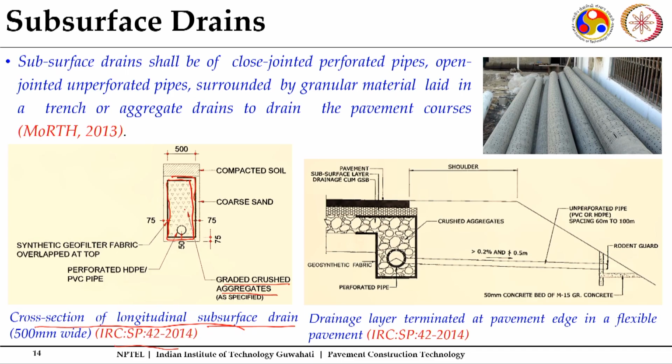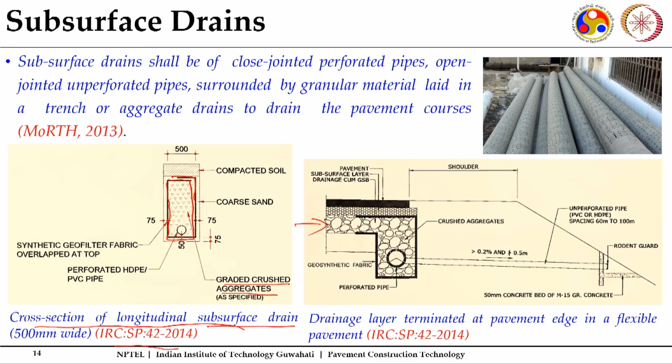Now, the subsurface drainage layer should be connected to this particular drain. Anything which comes to this will serve your purpose throughout the service life. So the chances of getting clogged are very less. Now, here you can see another feature of this, this is your drainage layer.